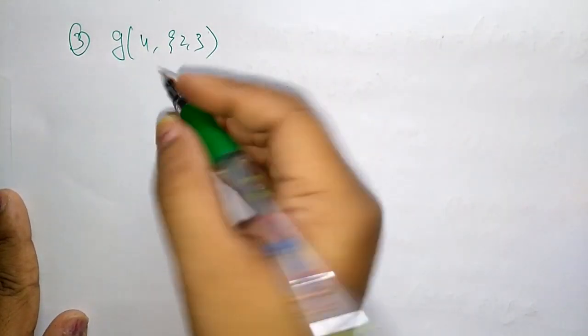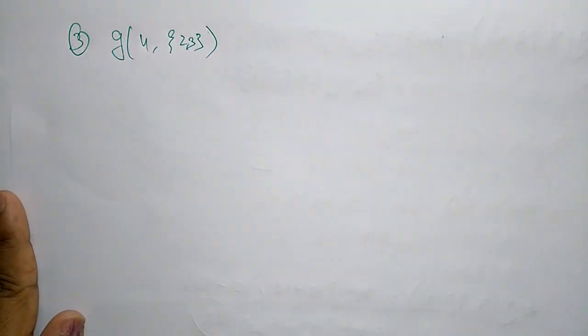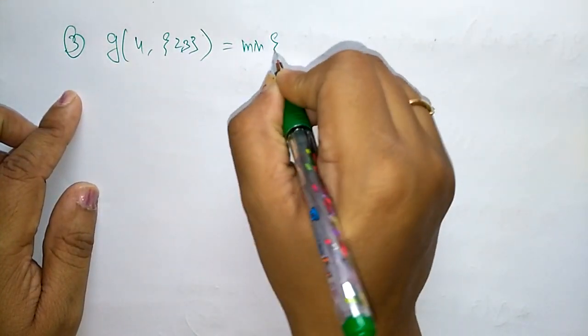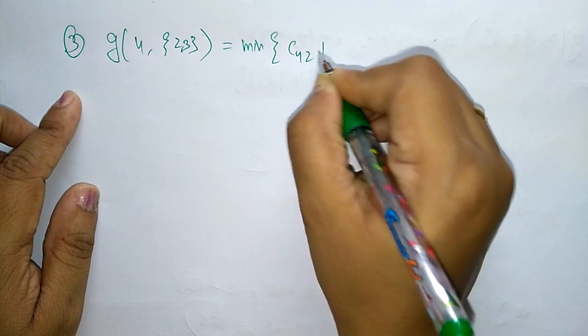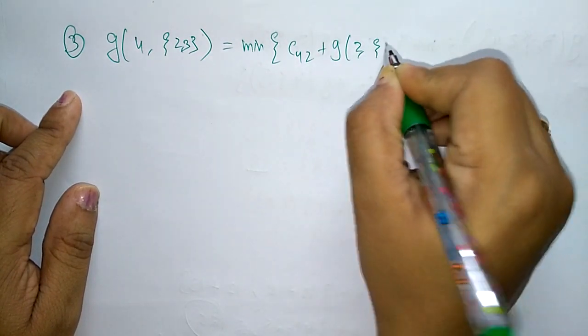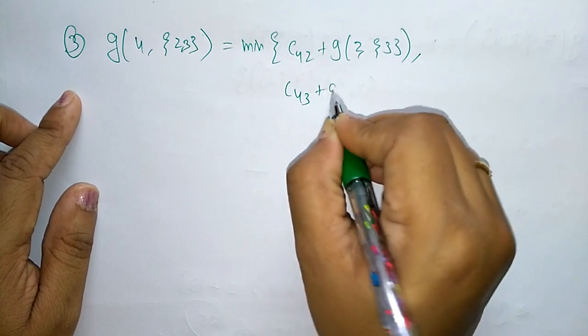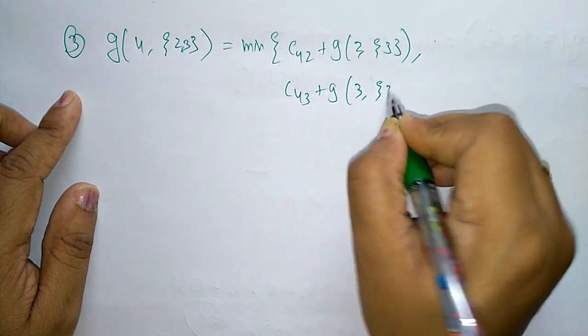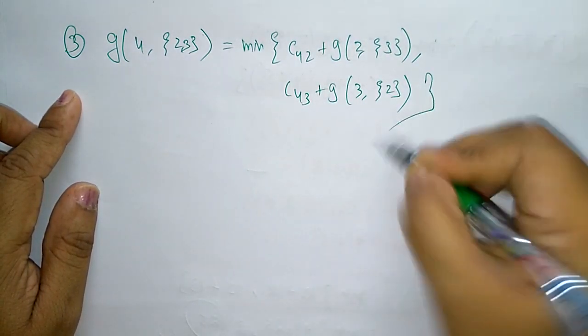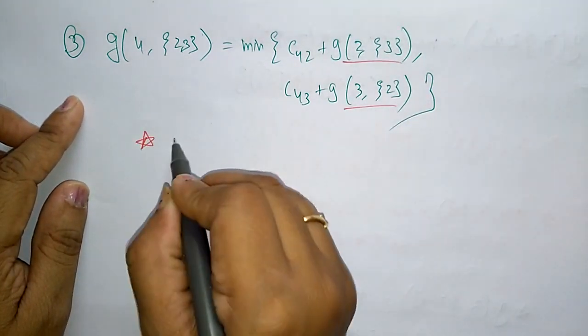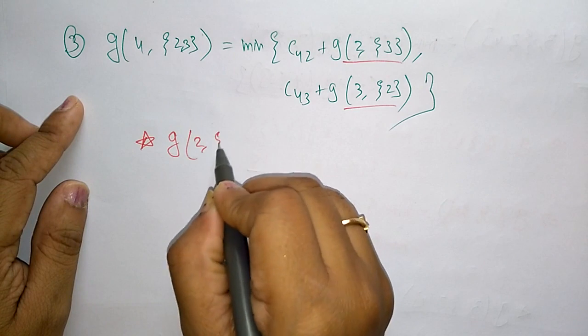Don't be confused, we are just taking them one by one in the equation and substituting those values there. Apply the same formula: C42 plus g of 2 comma 3, and C43 plus g of 3 comma 2. We don't know these values, so now we calculate g of 2 comma 3.